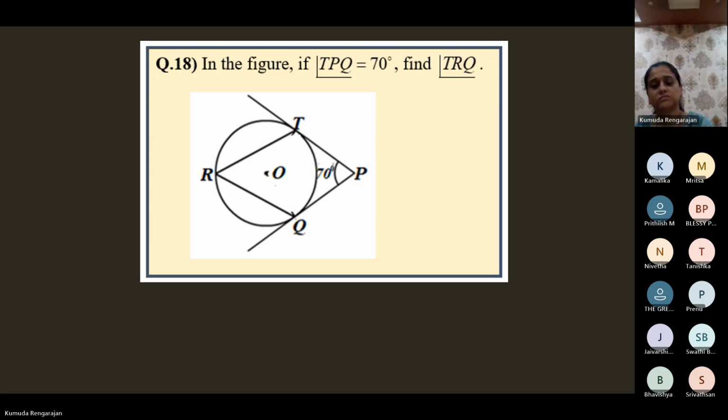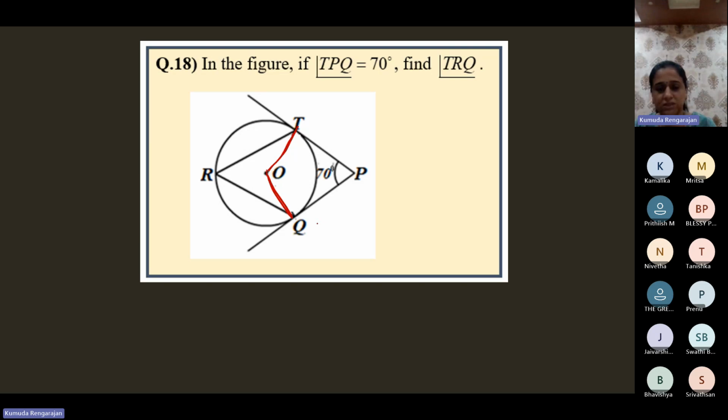Join OQ and OT. Okay. Now identify this.